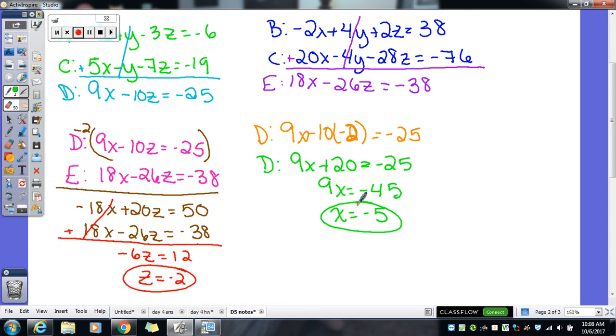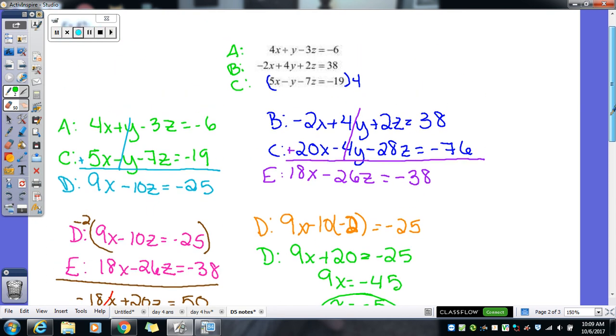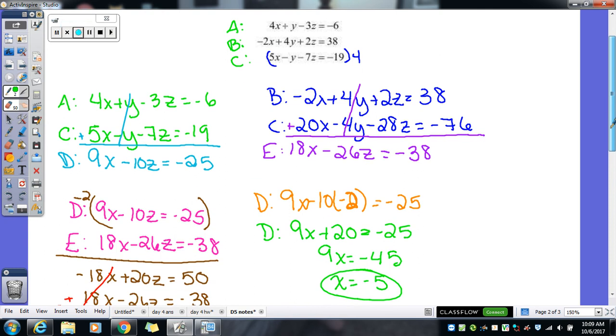All right. One more thing we have to do. We have to get our y value now. We got x, we got z. We need y. So which of the original should we plug into, do you think? A? All right, so we got 4x plus y minus 3z equals negative 6.